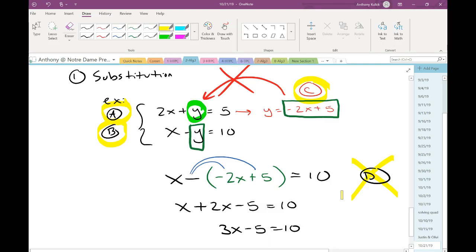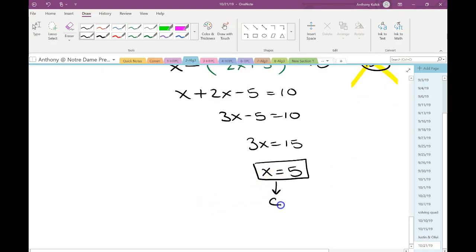So it does not matter which one you plug into. So let's think about which one of them would be the easiest one to plug into. A, B, or C? C. Why would C be the easiest to plug x into? Because the y is already by itself, right? You don't have any solving to do. Oh, okay.